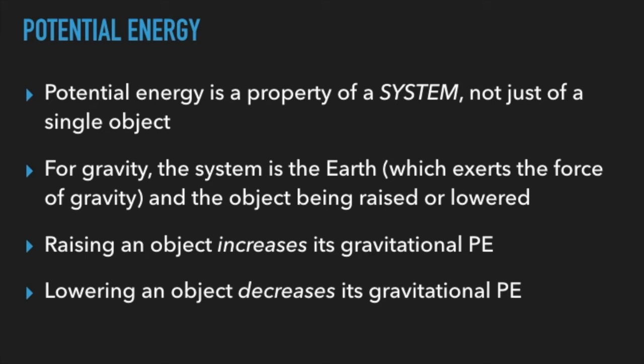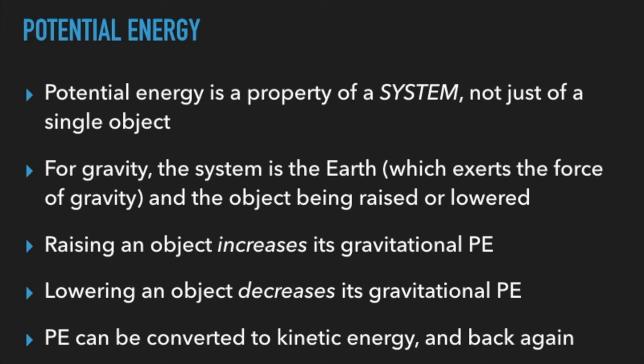So that takes care of the sign. Once we've agreed on our system, we're all going to agree whether the gravitational potential energy is increasing or decreasing. And then that potential energy can be converted into kinetic energy and back again.